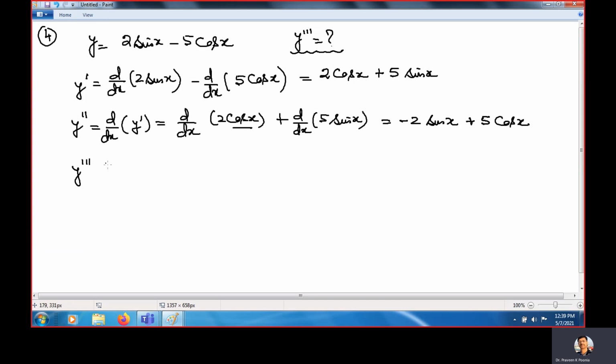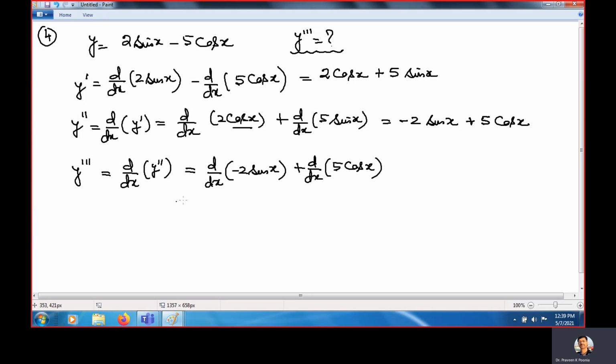And if you want to calculate the third derivative, it will be d by dx of y double dash. So it will be d by dx of the first term, minus 2 sin x, plus d by dx of the second term, 5 cosine x. So how much will you get? Minus 2 times the derivative of sin x, which is cosine x.